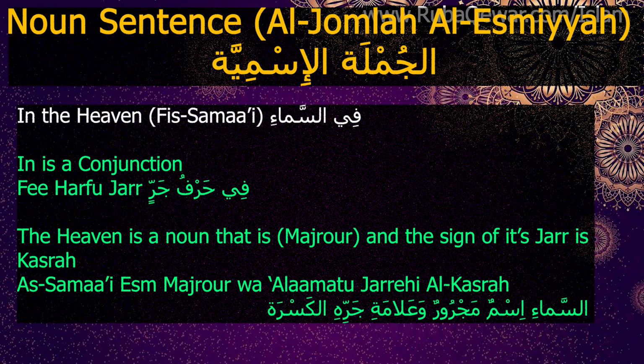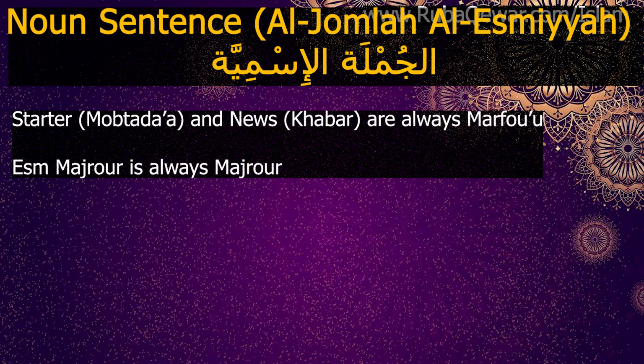In English, السماء is a noun, مجرور, and the sign of jar is كسرة. So مبتدأ and خبر is always مرفوع. When we have jar and مجرور it is always مجرور.